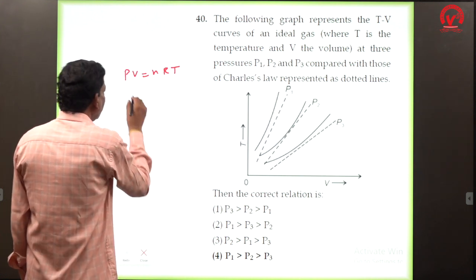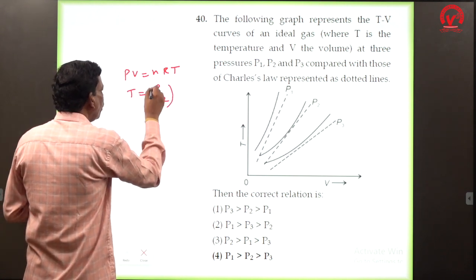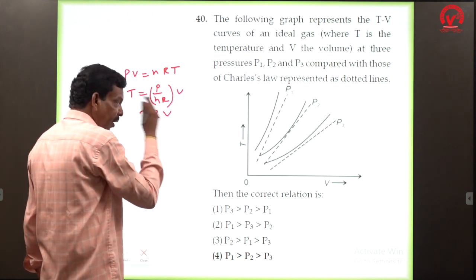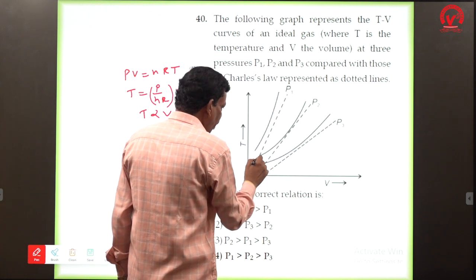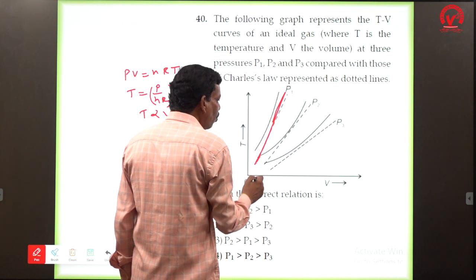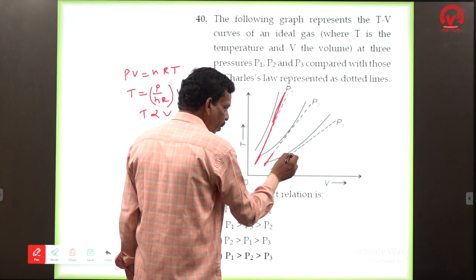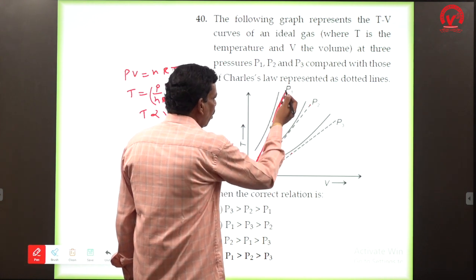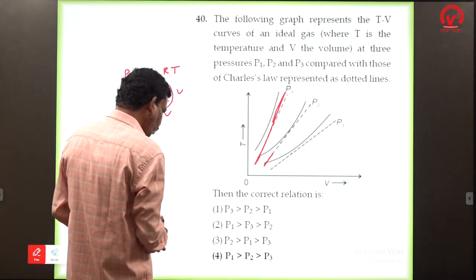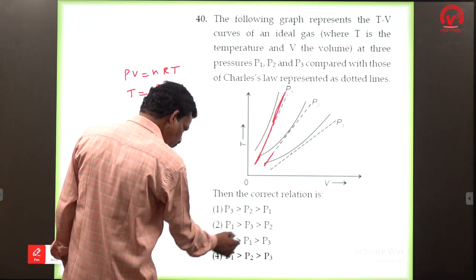Then T is equal to P by nR into V. Now T is proportional to V. We can observe here, this has more slope compared to this. This has more slope compared to this. So here P1 is greater than P2 is greater than P3.